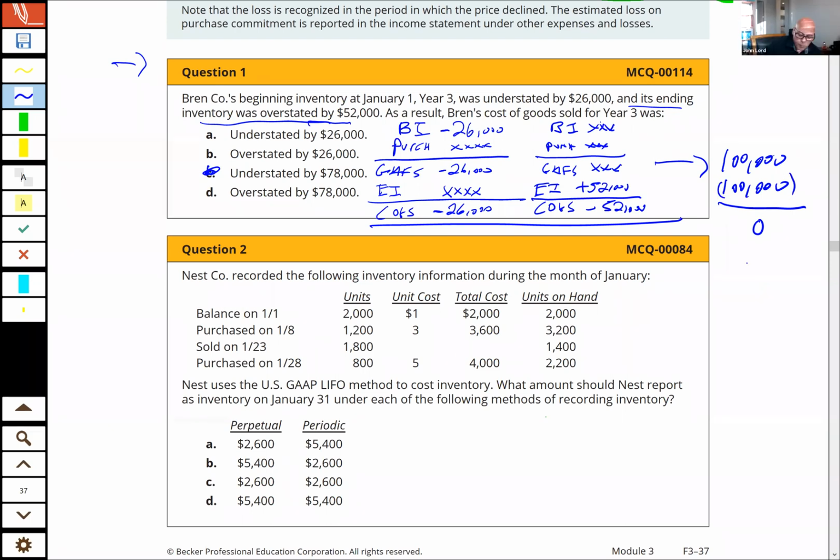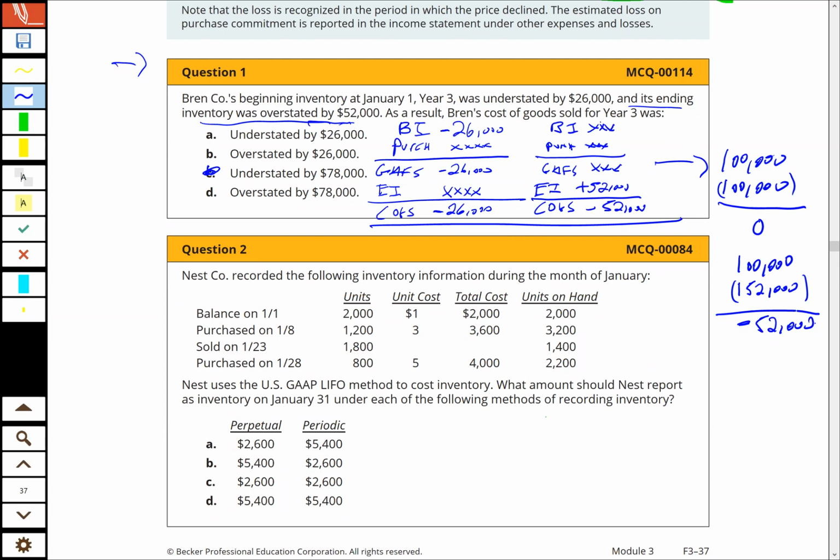Okay, well, if my goods available for sale is 100,000, but they tell me that my ending inventory is overstated by 52,000, that means that my incorrect amount for my ending inventory here is 152,000, right? And if I subtract 152,000, a wrong number, from 100,000, that's telling me my cost of goods sold is a negative 52,000 when it's actually zero. That's true. Okay, thank you.